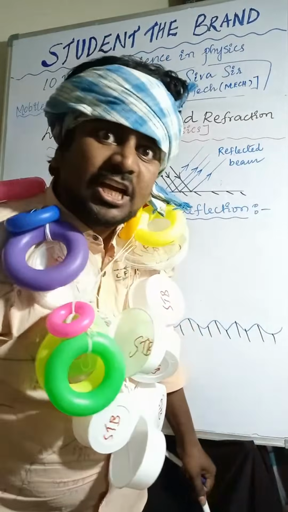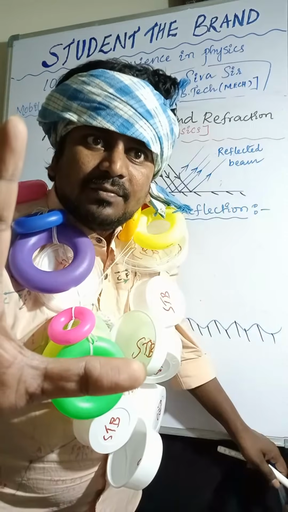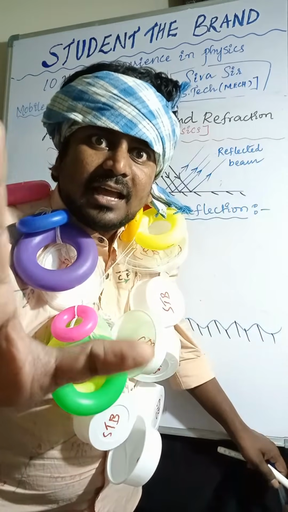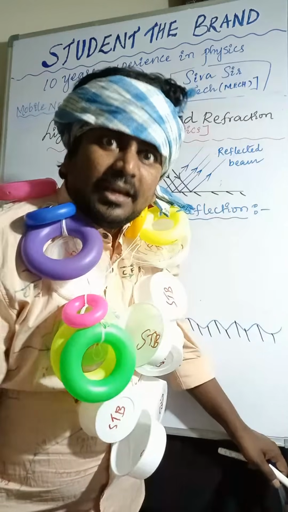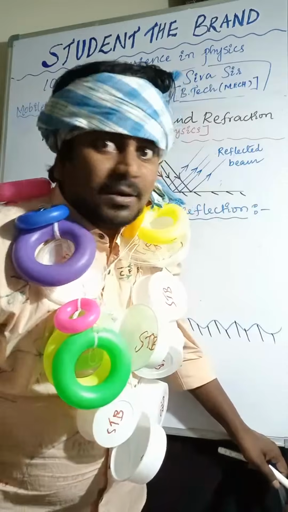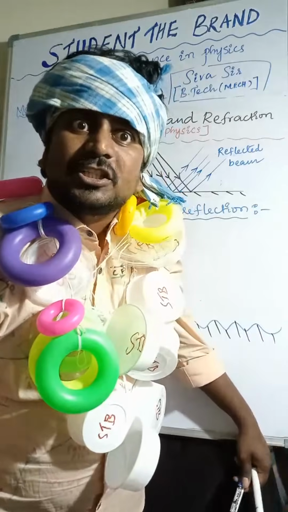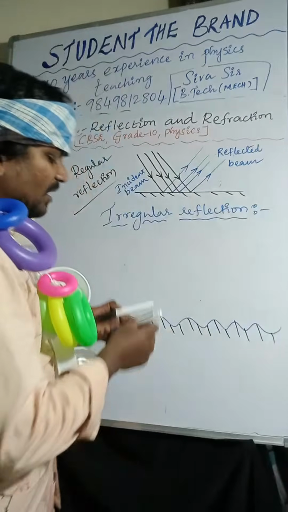If the incident light rays are parallel, then reflected light rays are not parallel to each other. That type of reflection is called irregular reflection.